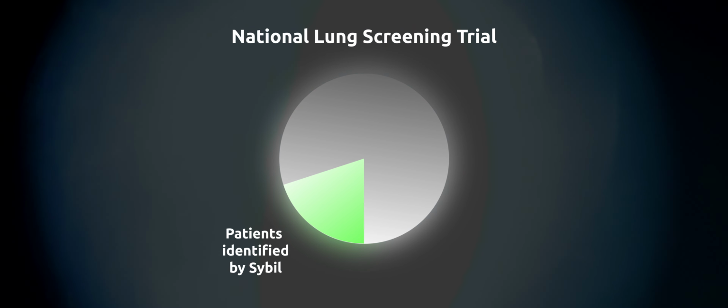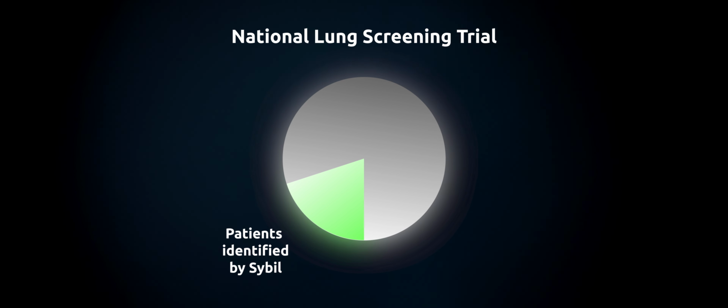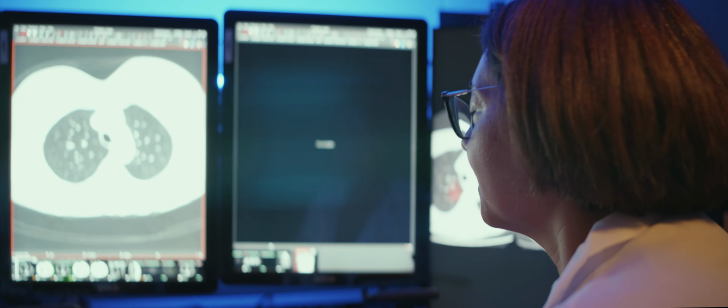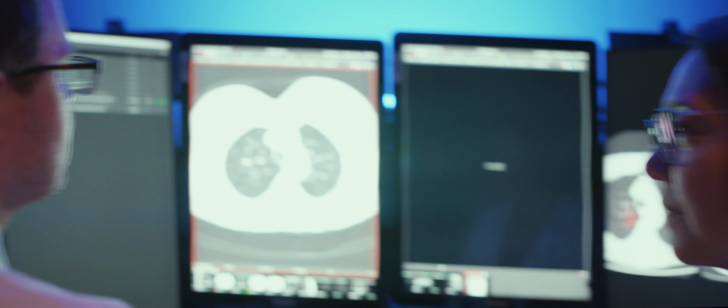The ability to more efficiently diagnose lung cancer risk earlier can help make eligibility criteria for lung cancer screening less restrictive. When I talk to patients or other providers and tell them about Sybil, the first question they always ask is, well, what is the machine looking at?